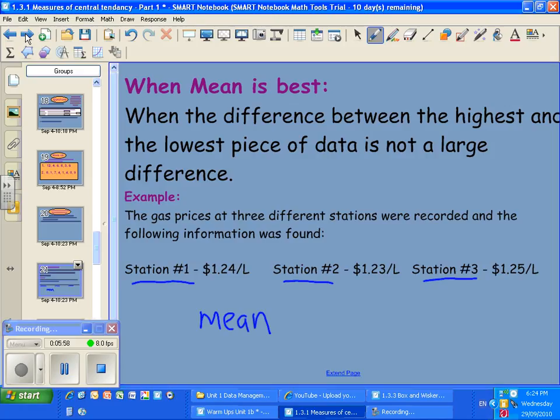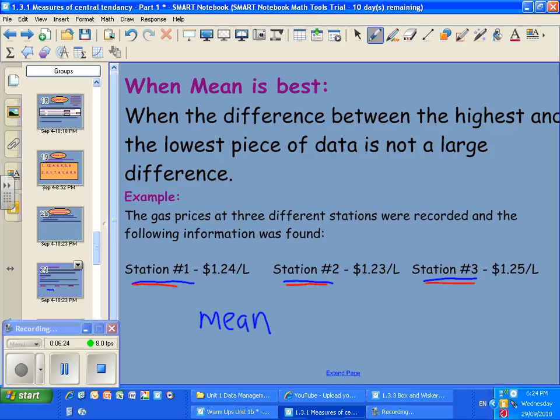So here's an example where we have a gas station, and the prices, look, you can drive around town and the prices really aren't very much different for gas depending on what station. So in that case, mean is best. Also, there's no outliers here, and that's pretty significant when it comes to looking at mean. So all within the same range, or a very small range, and no outliers.